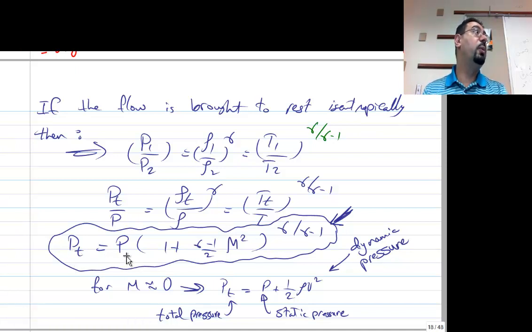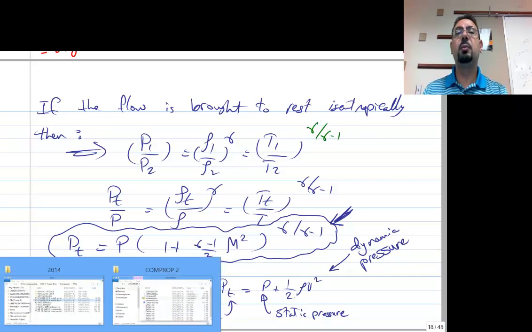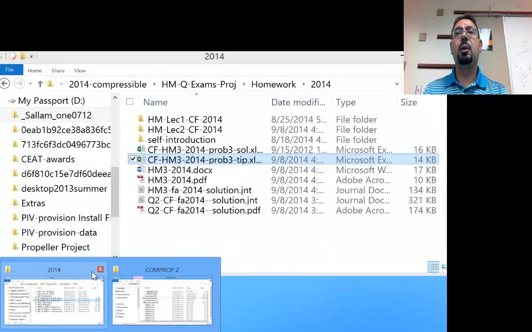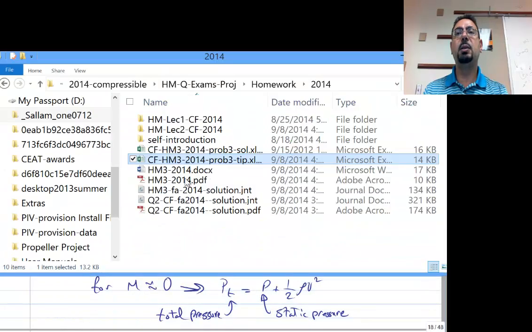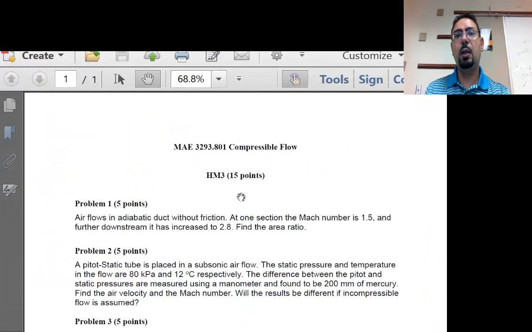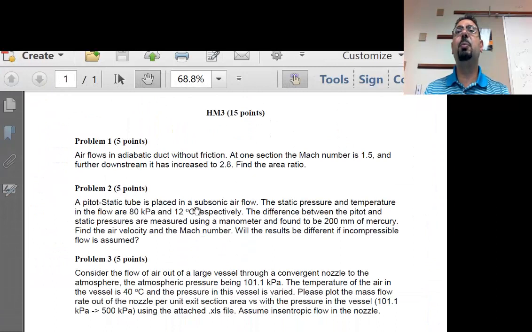So in one of the homework problems, he's basically giving us, let's look at it. He said a Pitot static tube is placed in a subsonic airflow, the static pressure and temperature are this. Those are the static values, P and T. The difference between the Pitot and the static pressure are measured using a manometer.